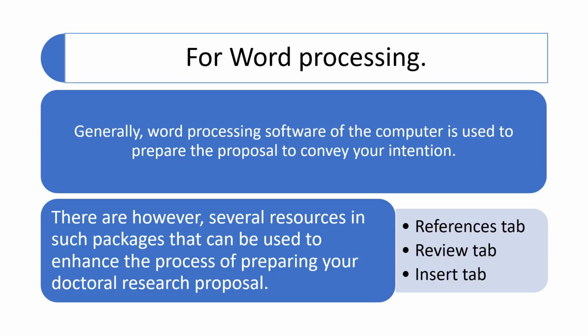These features include the references tab, the review tab, and the insert tab. All this on the MS Word, for instance, give us the ample opportunity to improve, enhance the process of preparing your doctoral research proposal.